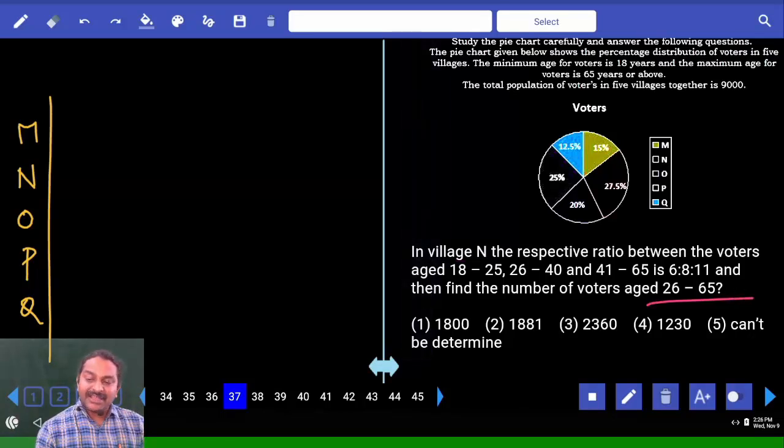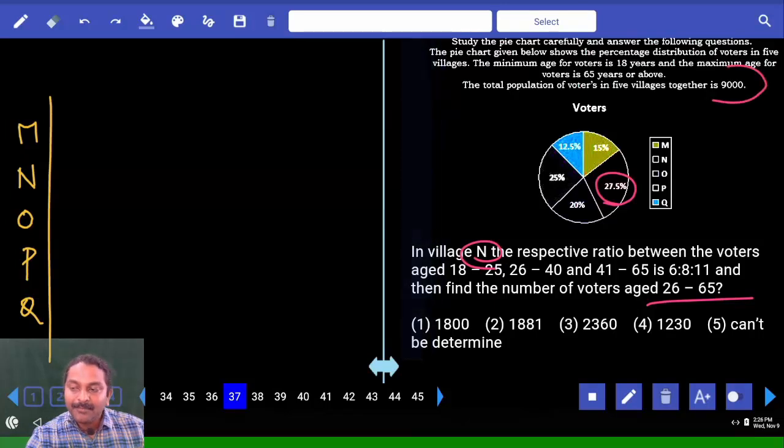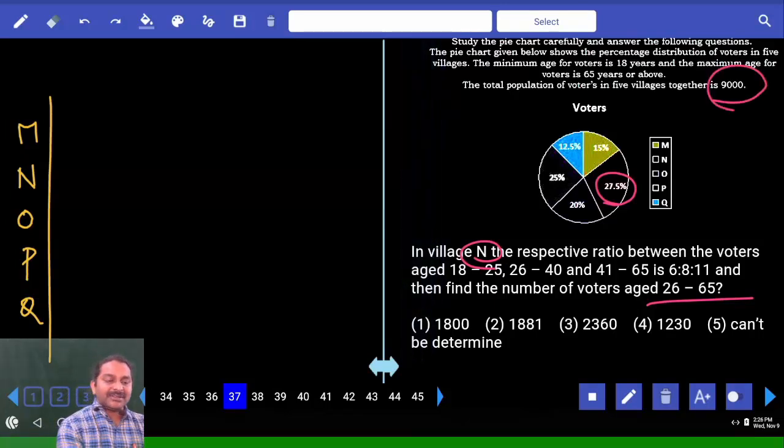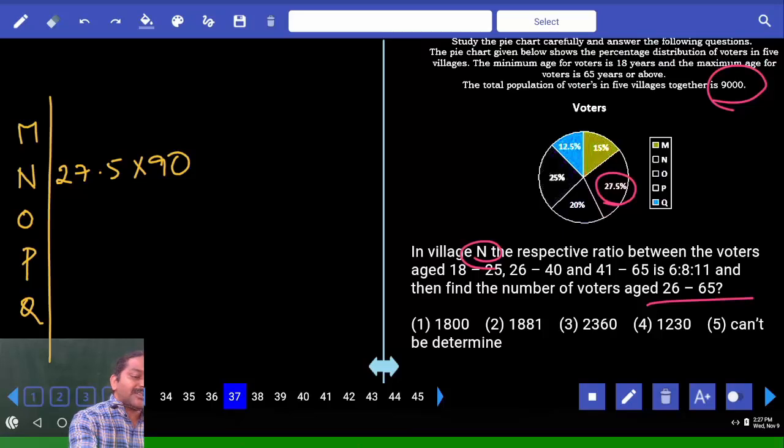In village N, what percentage of people we have? 27.5 upon 9,000. So can I write it as 27.5 into 1% value? How much is that? So can I also write the same as 275 into 9 times?